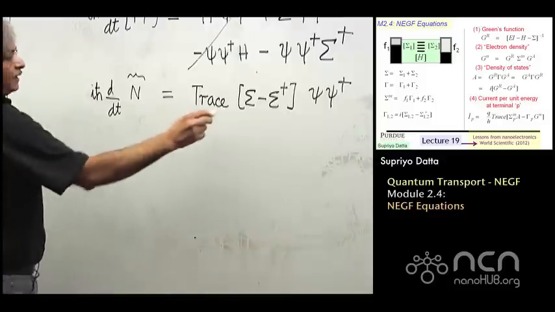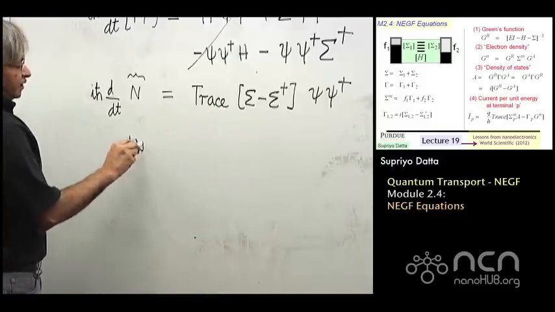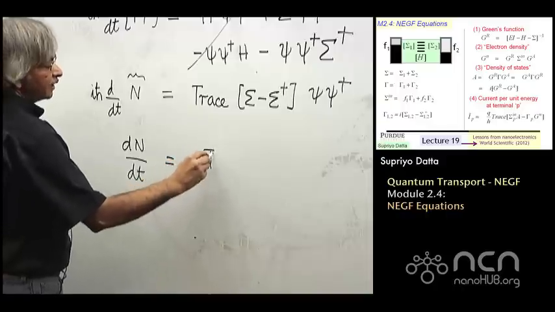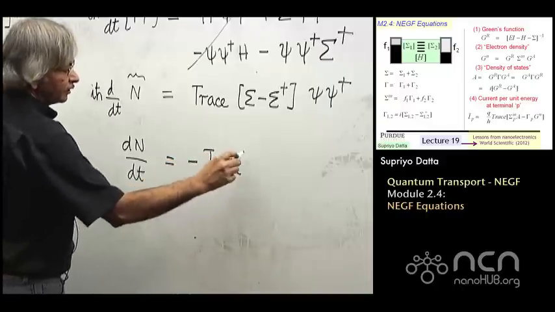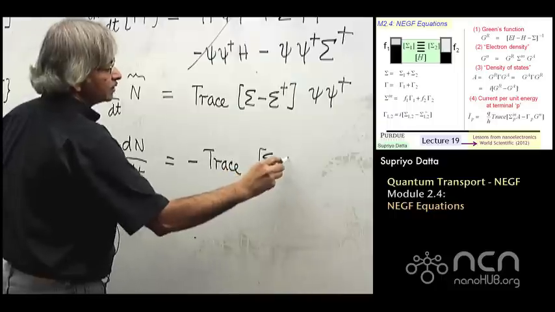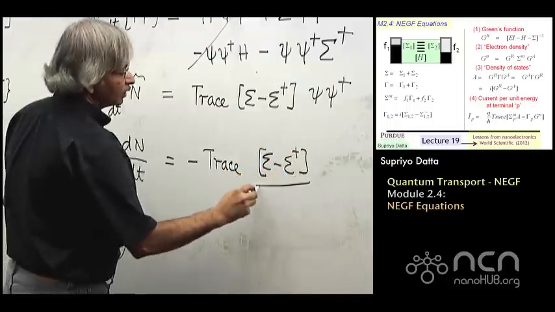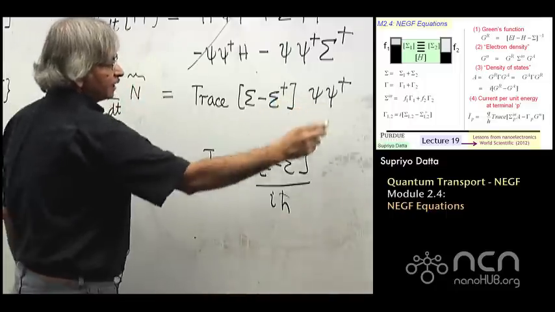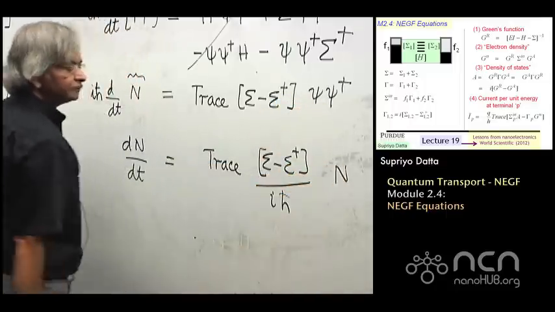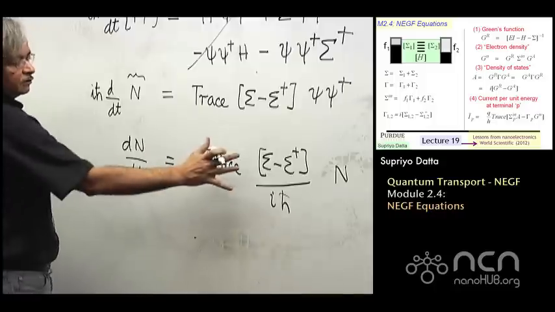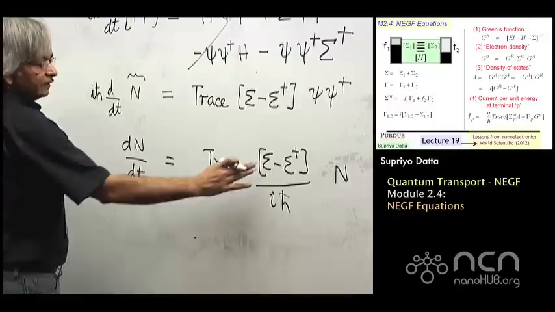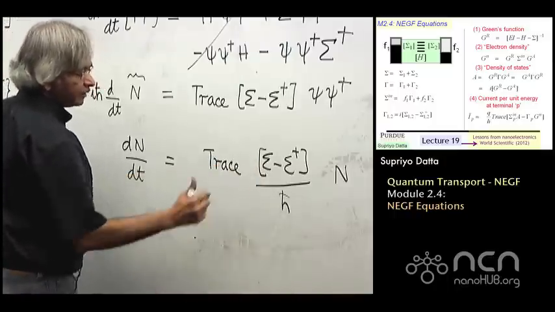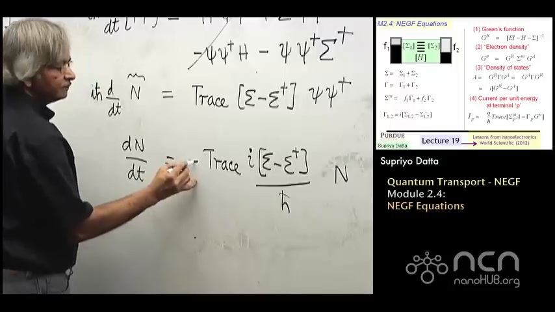And so I can write dn/dt is equal to minus trace of (σ − σ†) over iħ, without the minus. And then the ψ† is again like n. So dn/dt is equal to this quantity times n. And this quantity, this i from here, I could make it minus i up here, so I could put an i here and a minus sign.